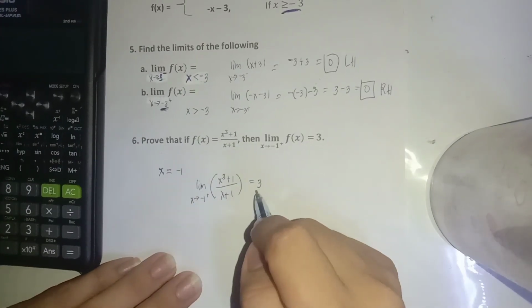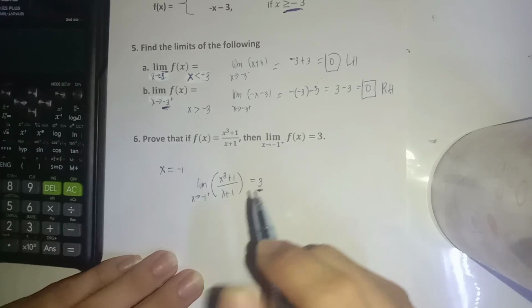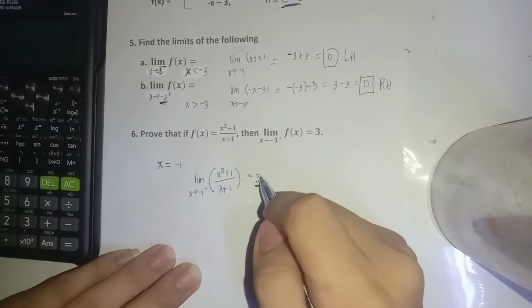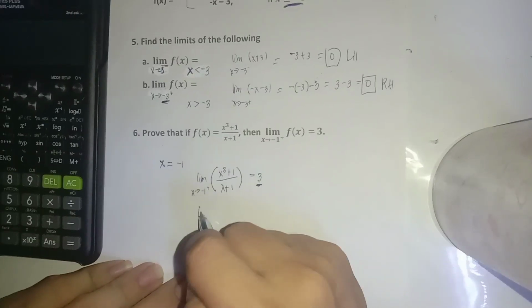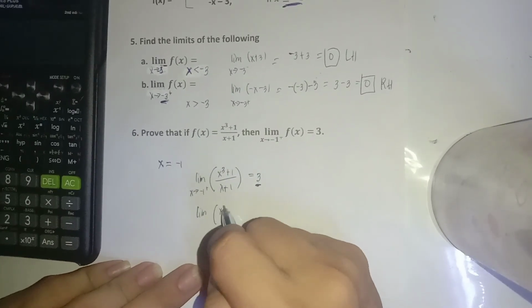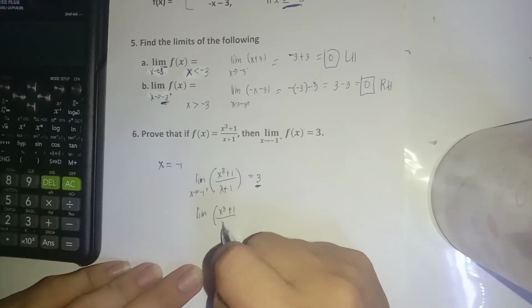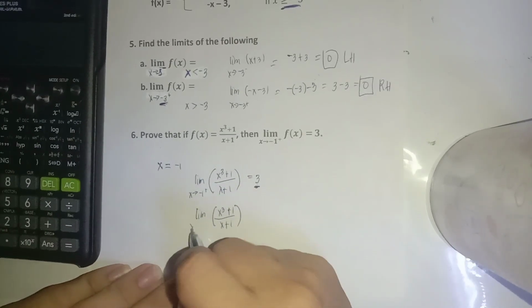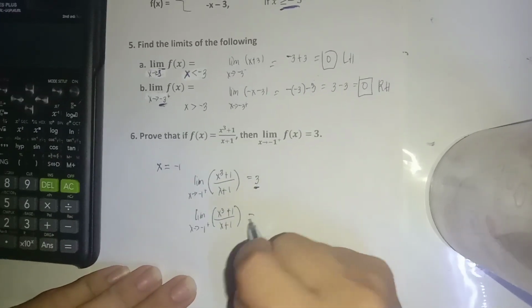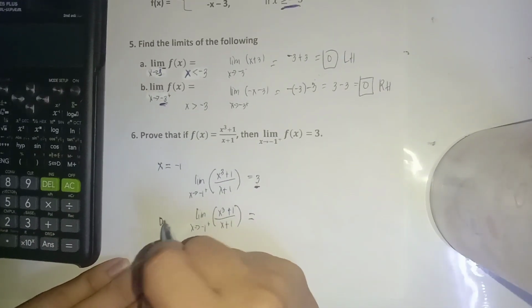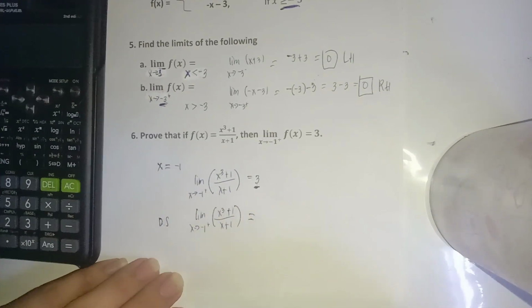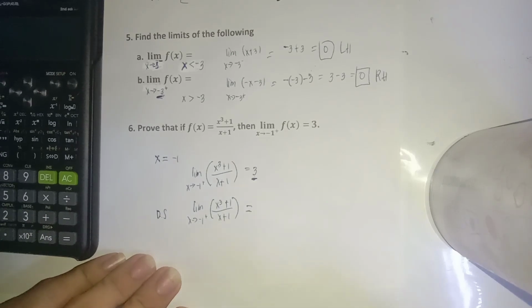So para ma-prove, we will set your 3 as unknown muna. Okay? So kunin muna natin yung limit ng x cubed plus 1 over x plus 1 as x approaches negative 1 positive. By direct substitution, gamit muna tayo ng direct substitution as our safest na method.